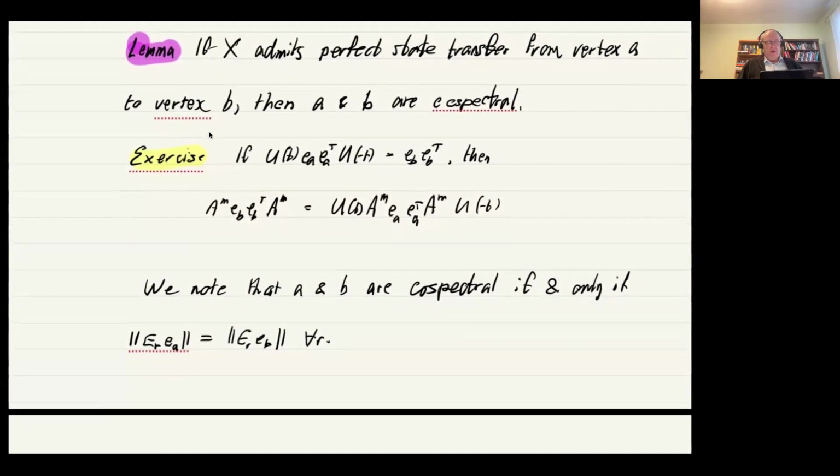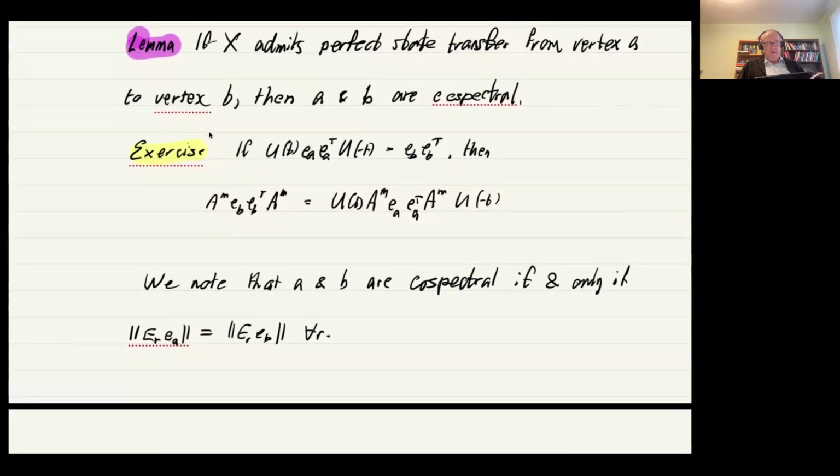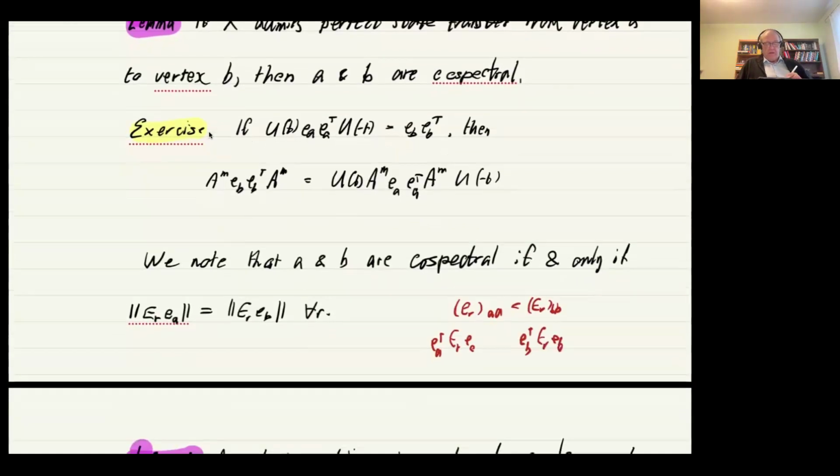The other point is that if vertices a and b are cospectral, then E_r(a,a) equals E_r(b,b), but this is equal to e_a transpose E_r e_a. And this is in turn equal to e_a transpose E_r transpose E_r e_a, because we're dealing with an idempotent and because they're symmetric.